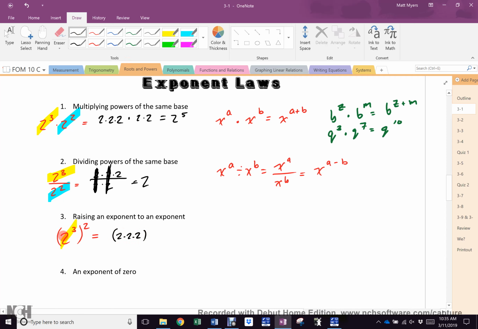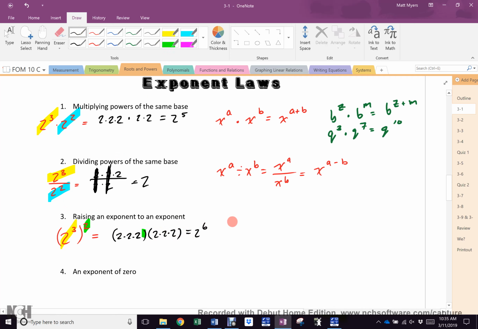What is the base here? No. 2 is the base inside these brackets. What is the base to this whole thing? 2 cubed. And what is happening to 2 cubed? It's being repeated how many times? Twice. There it is once. There it is again. So it is 2 to the 6th.